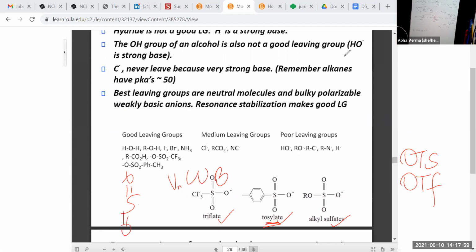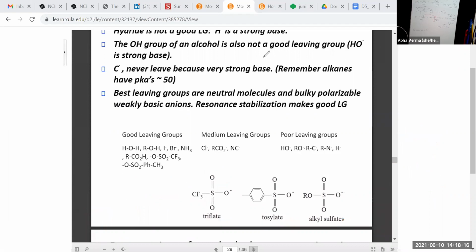A mesylate has a methyl group here, which is known as OMs. So for your course, you need to know which are your great leaving groups and which are your bad leaving groups. So all the halides and all the sulfonates, you have to memorize these.